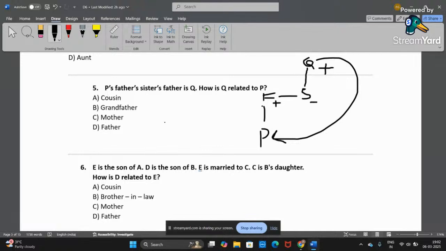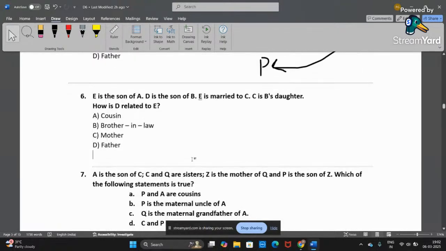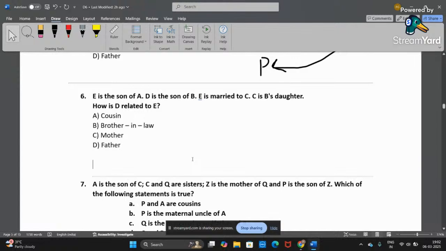That means Q is a grandfather to P. So the answer is grandfather. Find the answer for the sixth. So what is the answer for the sixth one?